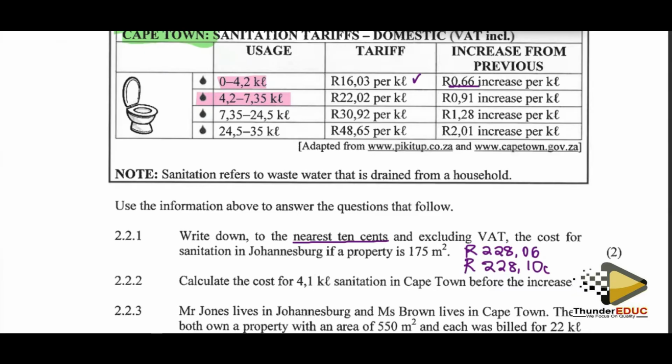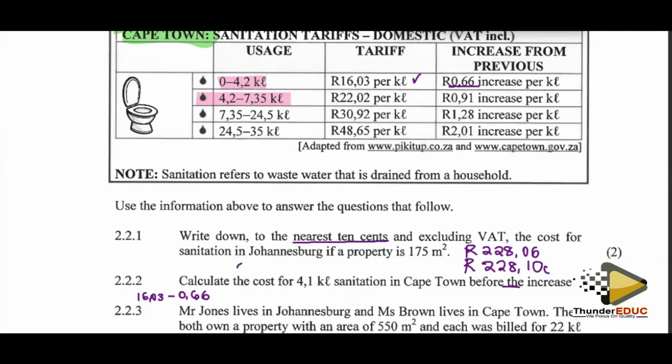Because they said before the increase, we need to first look for the amount before the increment, which is 16 minus 0.6. Why am I doing this? I'm looking for the amount of money before the increment.